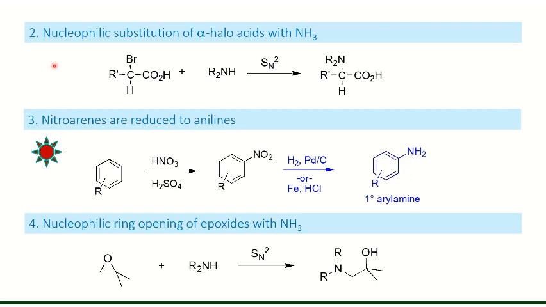If you remember rightly, in the Hell-Volhard-Zelinsky reaction, we brominated the carboxylic acid with phosphorus tribromide in the presence of bromine. So that alpha carbon of the carboxylic acid is the only place we can do that bromination. And now you can see the nucleophilic attack on that carbon, and that realizes your amino acid.